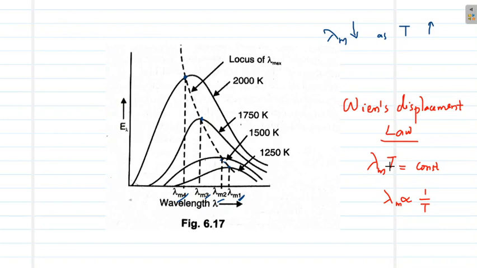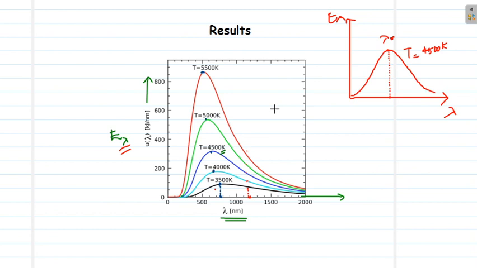And finally, the fourth result that we get by analyzing blackbody radiation is that the total energy emitted by a blackbody is proportional to the 4th power of temperature. How do you calculate the total energy? For one particular temperature, say for example at 3500 Kelvin, the total energy will be the area under that curve. So there are different energies corresponding to different wavelengths.